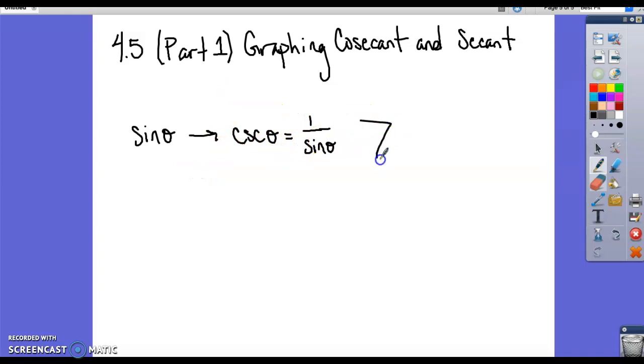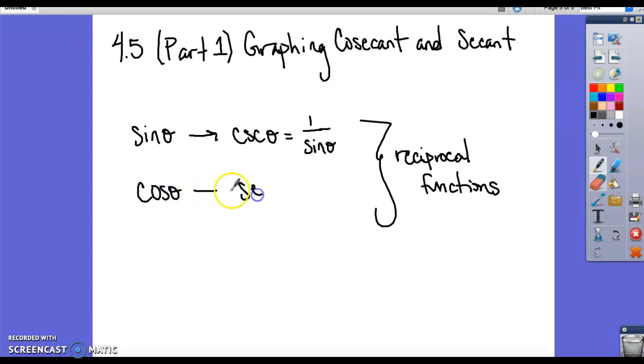I should be saying that these are reciprocal functions. Cosecant equals 1 over sine, and sine equals 1 over cosecant. Cosine and secant are also reciprocal functions. Secant is equal to 1 over cosine, and that's going to be important today.